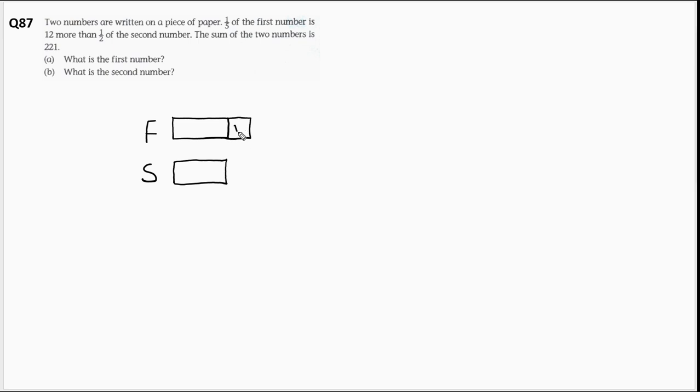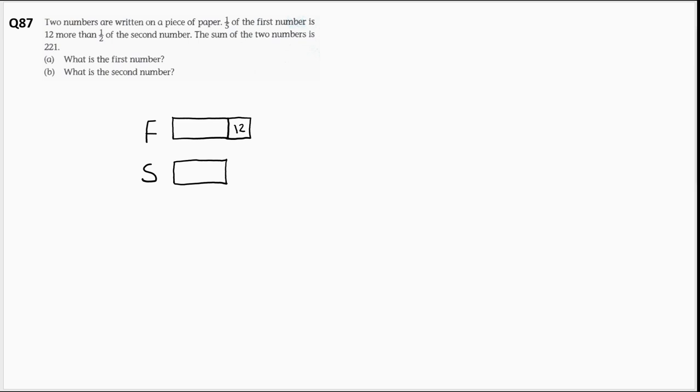There we go, and that represents 12. I don't know whether that's to scale or not, it doesn't matter. Hopefully you can see how I have got here and how this makes sense, and you've drawn lots of things like this already.